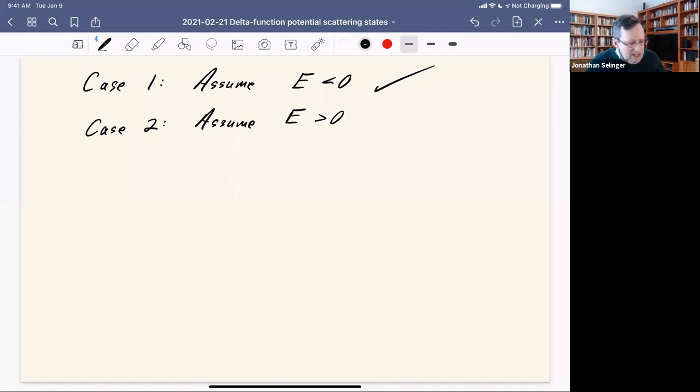Okay, so let's do some of the calculations. So we have to remember how we were working on the calculation on Thursday last week. Okay, so remember we are solving the time-independent Schrodinger equation.